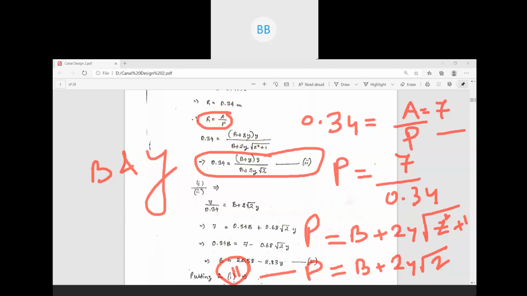You take the area expression here, the perimeter expression here, then you divide 1 by 2, then you will finally get an expression for the width of the channel with respect to y. Then you replace that width of the channel in equation number 1. So it will be a little bit lengthy. It's better if you go with this process, and try to find out the b and y value.